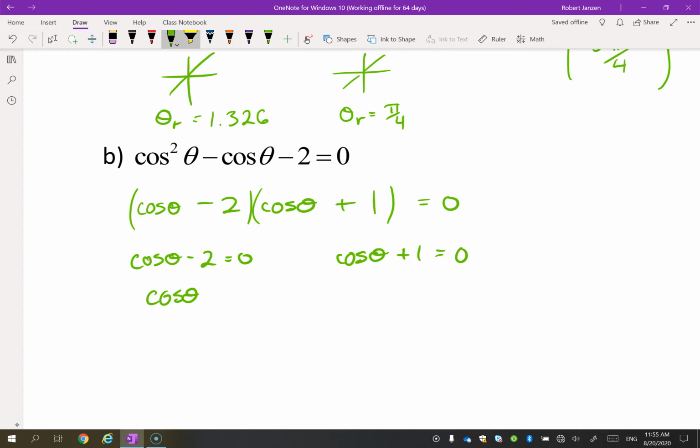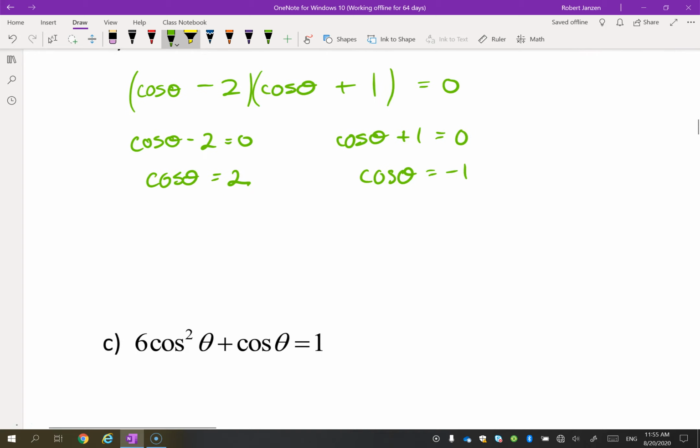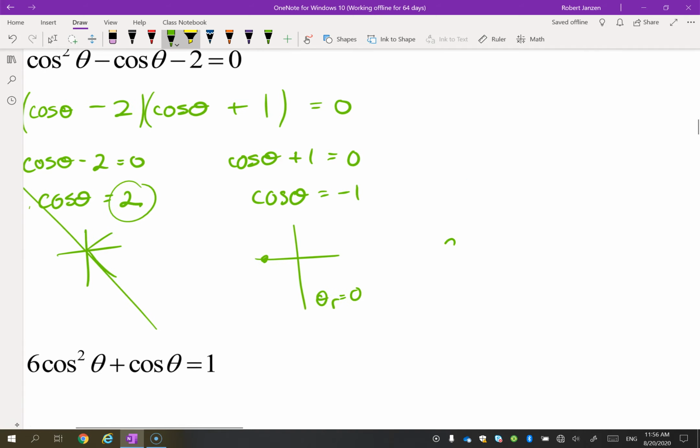So cosine is 2, and cosine is negative 1. So cosine is 2, positive here and here, but I see this is greater than 1, so there will actually be no answer there. Cosine is negative 1 here. The reference angle is 0, but I don't really need that because I know that this is pi.